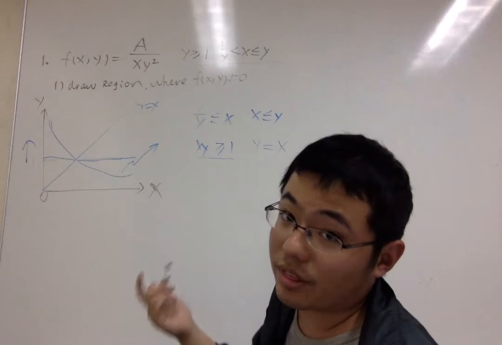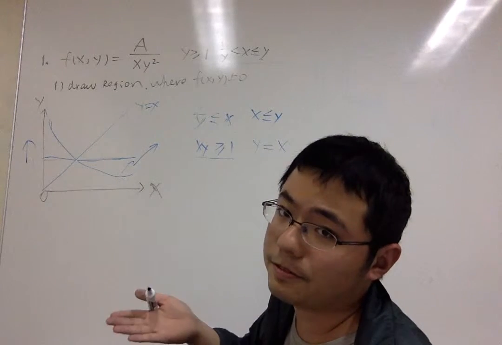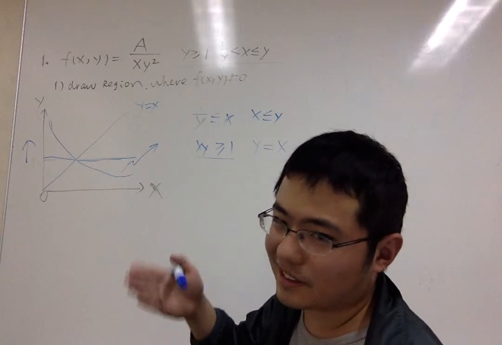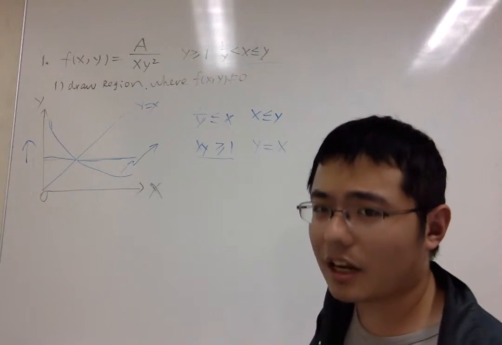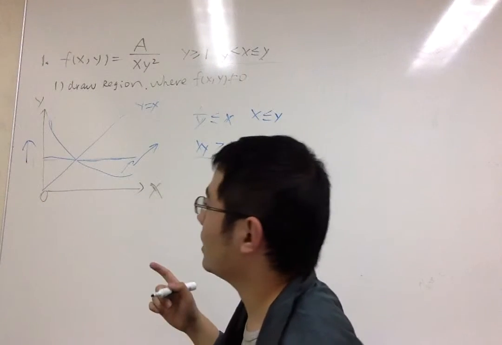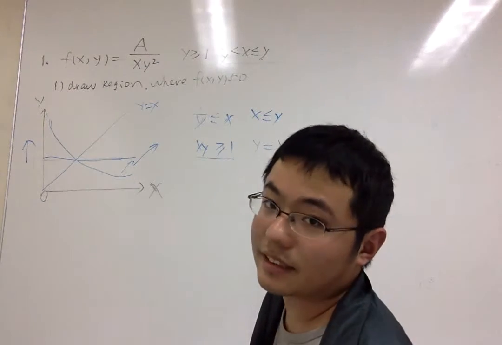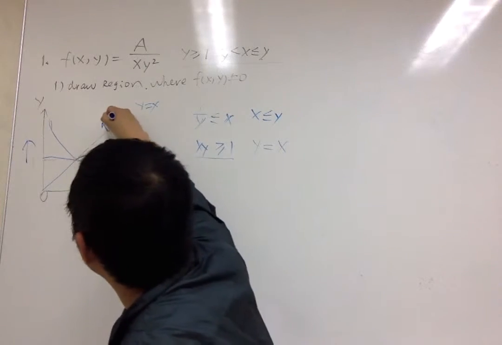Obviously, the upper area of this curve stands for the area where y is larger than x, x is smaller than y. So we have that. Okay.